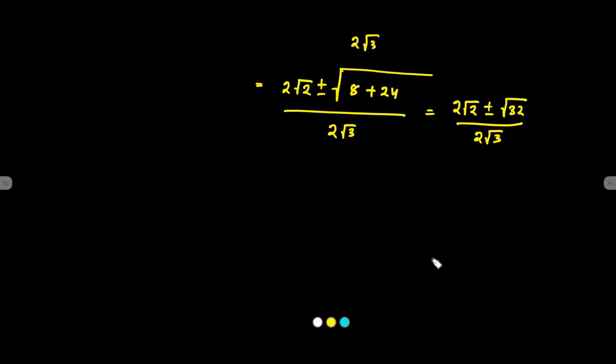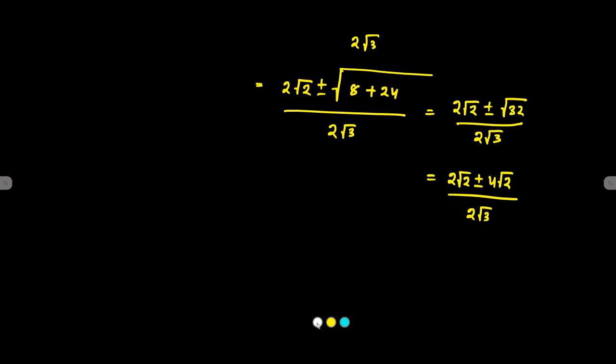So √32 is, we can write it as 16 into 2, 16 into 2 is 32, √16 is 4, so we have 4√2. So we can write √32 as 4√2. So this is equal to 2√2 ± 4√2 by 2√3.